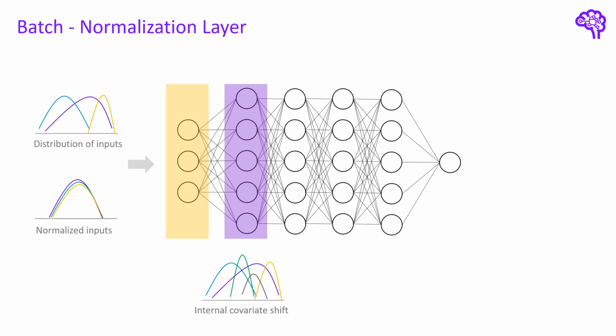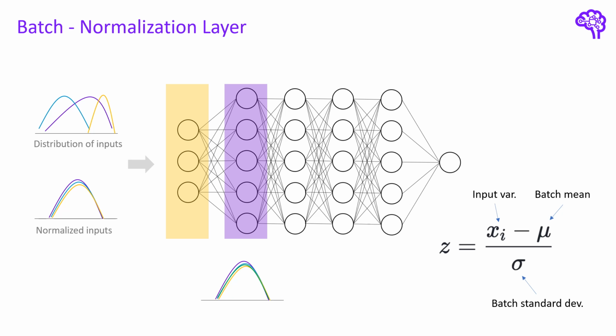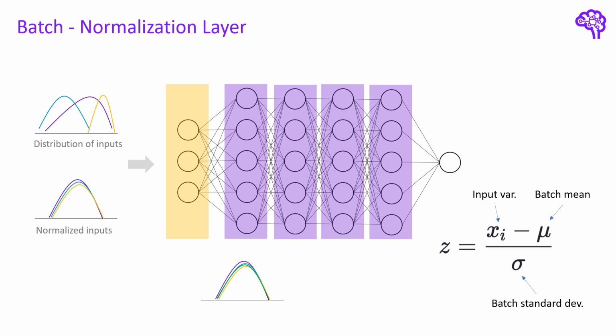Batch normalization simply normalizes the activation values, so the input values for the next layer, using the mean and standard deviation of the current batch. This means we get a mean of 0 and a variance of 1. This ensures that the distribution of inputs will not change in the network. Overall, the optimization is smoother because the network doesn't need to learn the shift in the distribution from layer to layer.